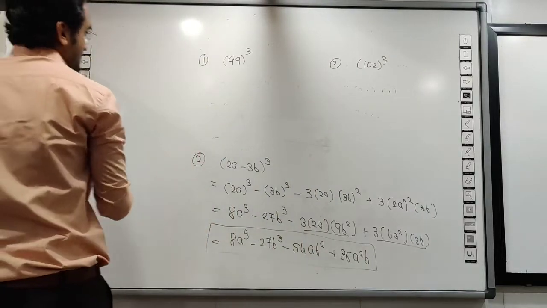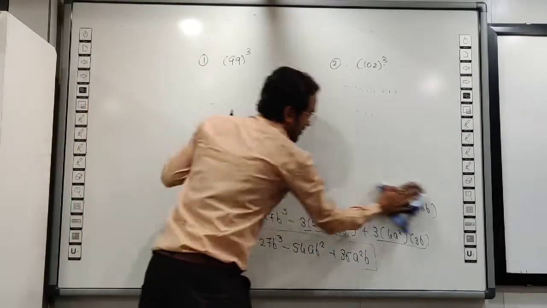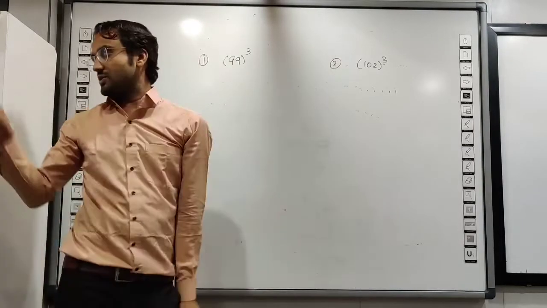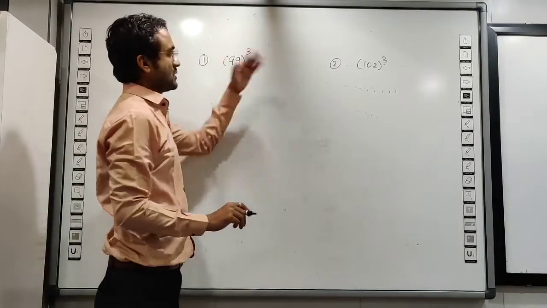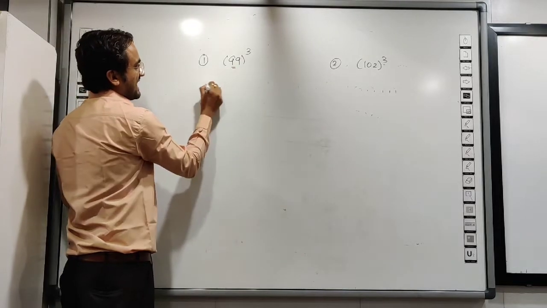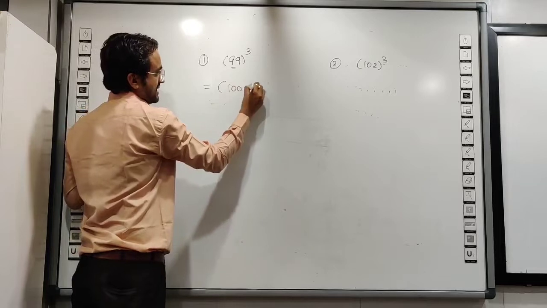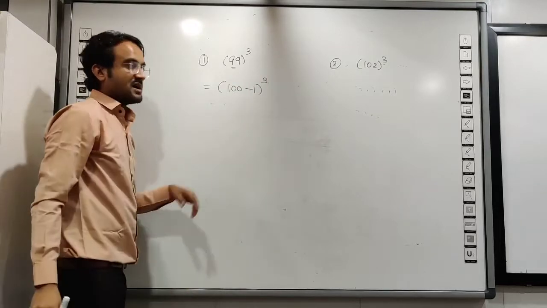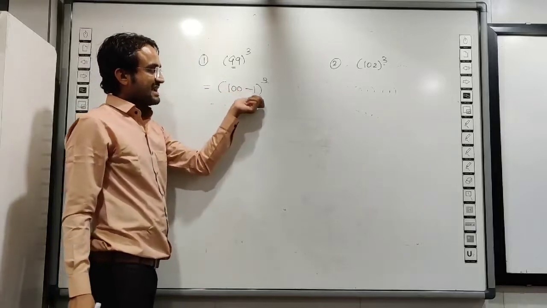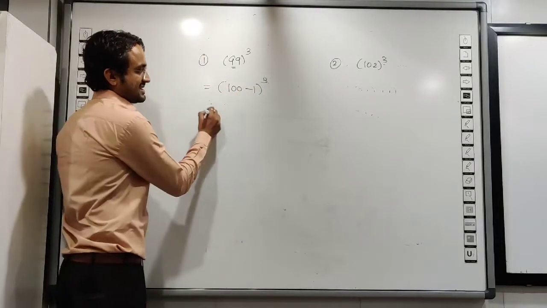So first of all, what we have to do, you have to observe. Here cube is given, so you need to adjust this into our previous identity. So here instead of 99, I can write 100 minus 1. Yes or no? So this one is your x, this one is your y. So if (x minus y) whole cube, what will be your answer?